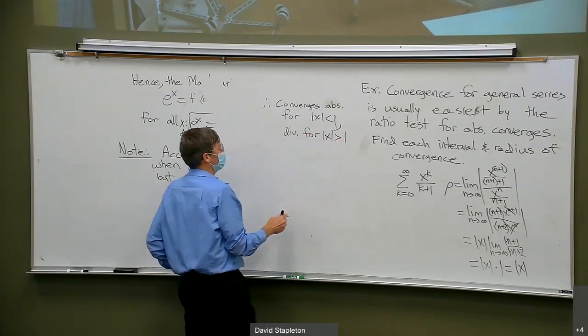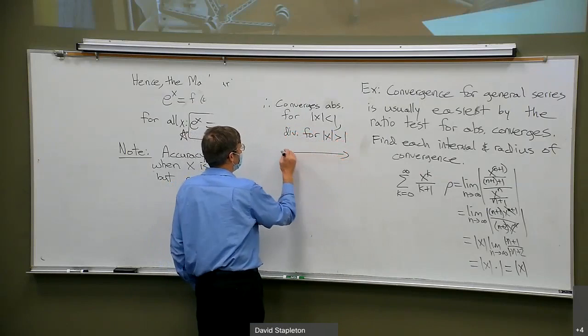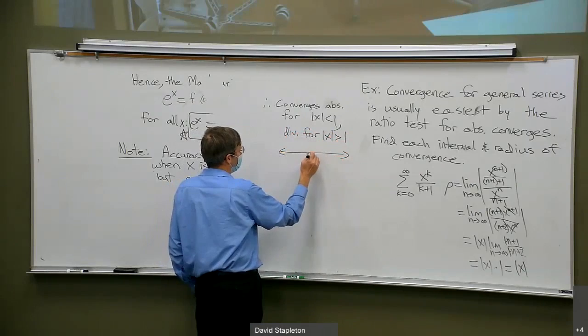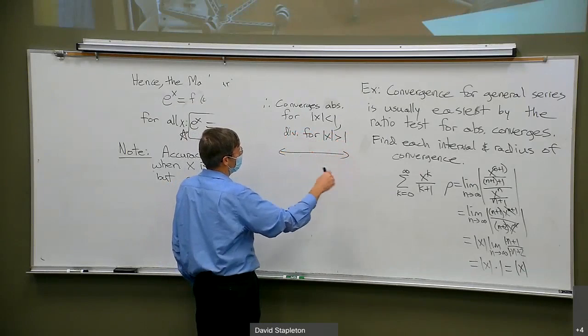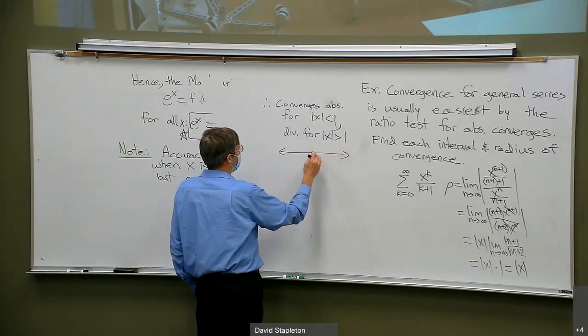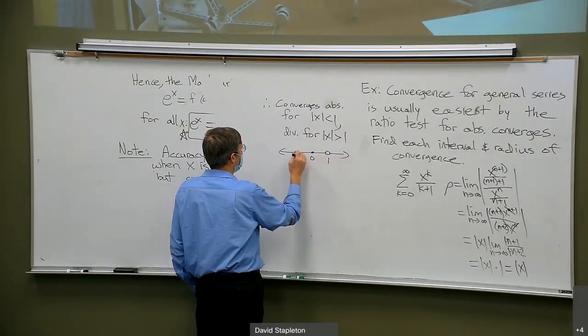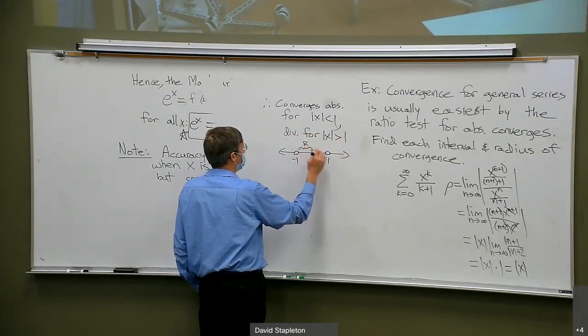And so that tells us that we're looking at this interval again, just like we did with the series 1 plus x squared, etc. From 0 over to 1 and back to minus 1, the radius of convergence must be 1.